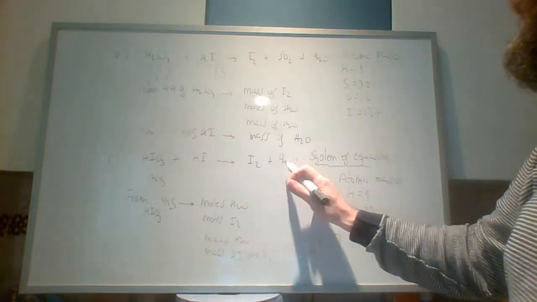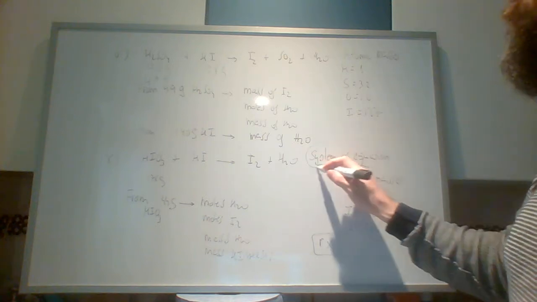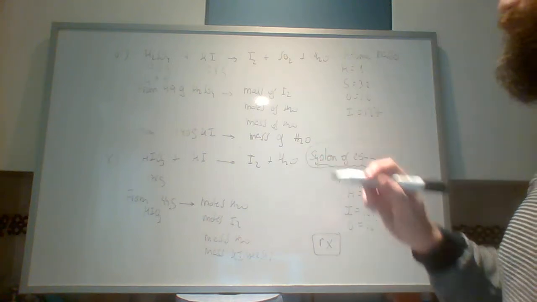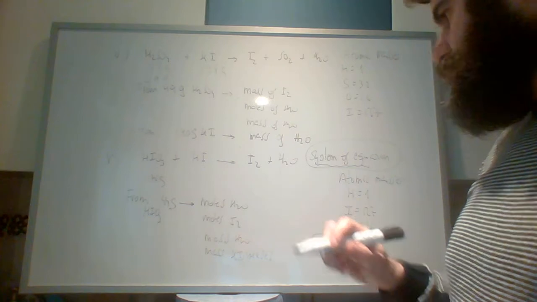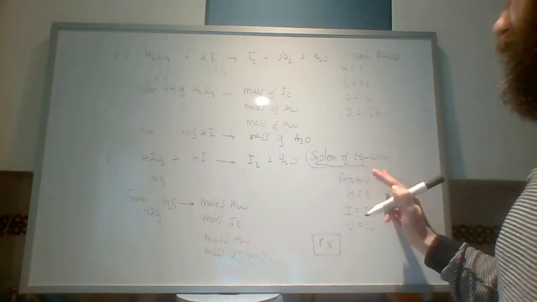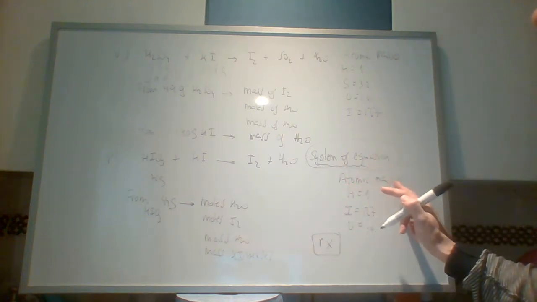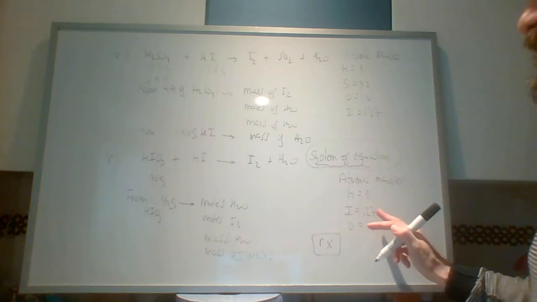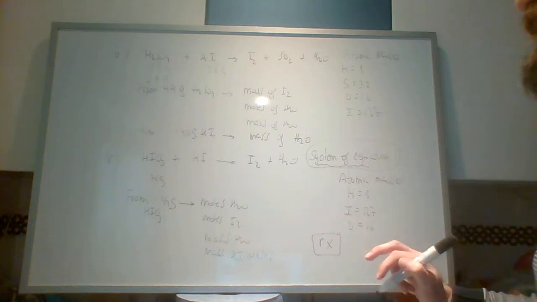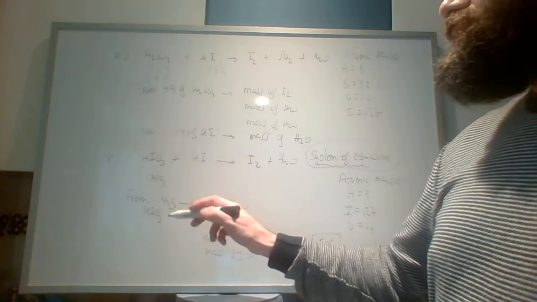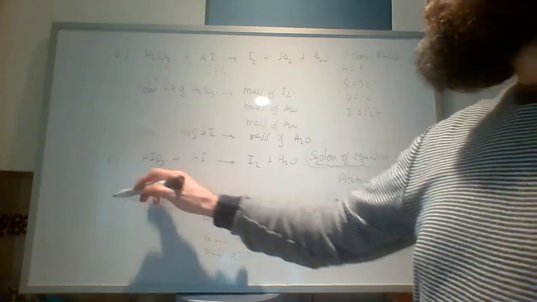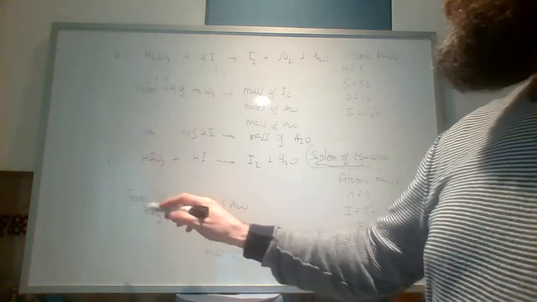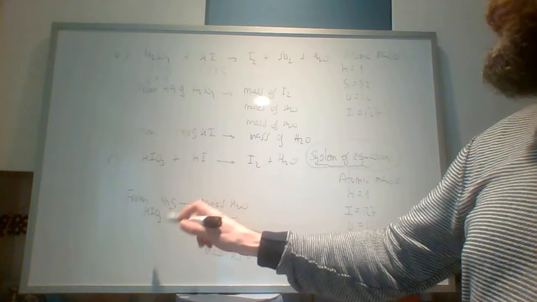obtain iodine and water. In this case, don't forget to balance the chemical equation by the system of equations method, taking into account atomic masses, which are hydrogen 1, iodine 127, oxygen 16. And the question is this: we have 44 grams of iodic acid.